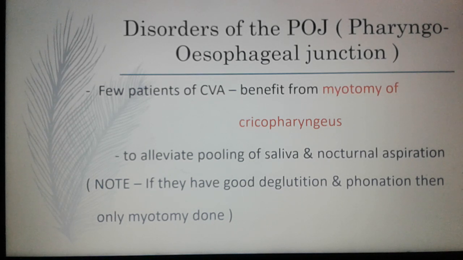So remember, any patient suffering from a disease affecting the pharyngoesophageal junction after, let's say, cerebrovascular accidents, intracranial hemorrhage, maybe hypertensive or traumatic sometimes, if they have good deglutition and adequate phonation, then only myotomy should be done.